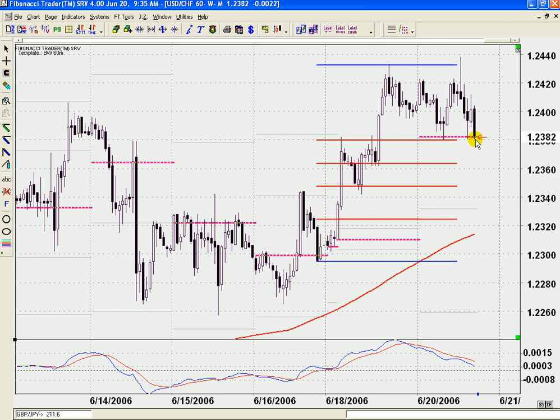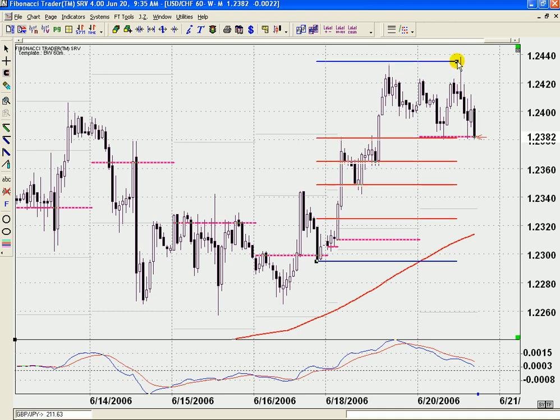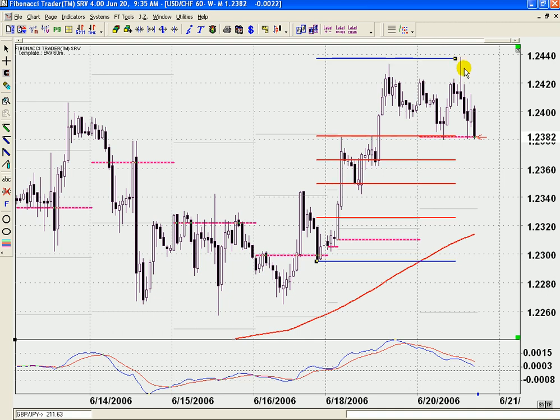Goodbye here again, as I said, by the way. This is our central pivot, this bold red line, the 38% retracement, moving that up to the new high, and sitting right here at support.